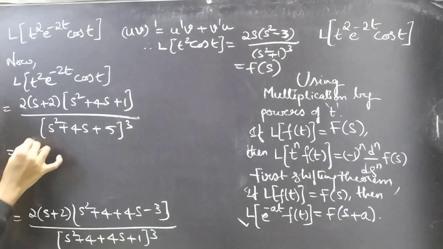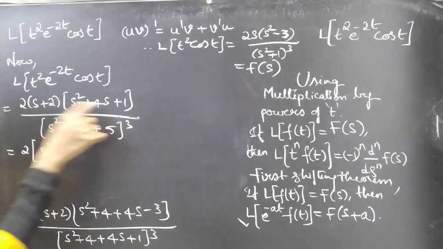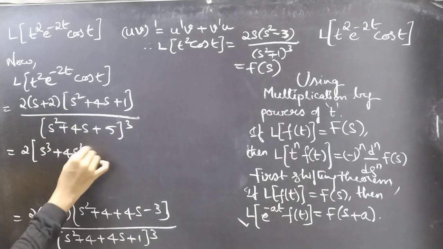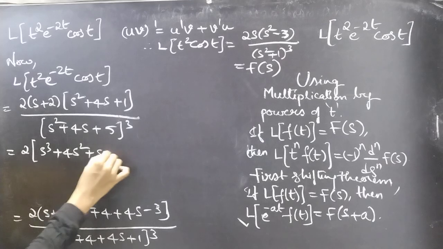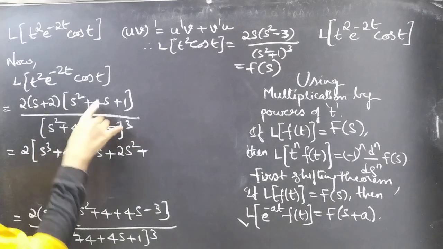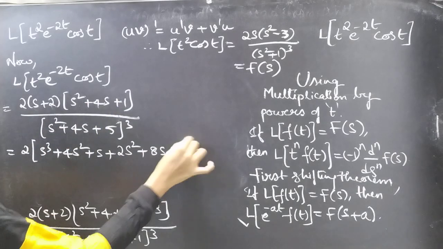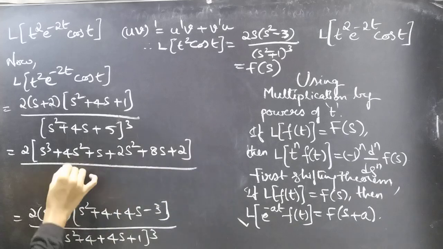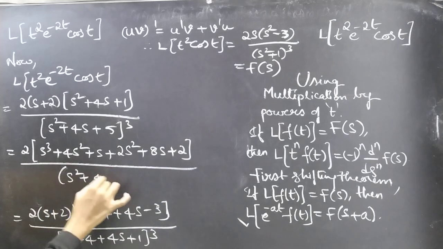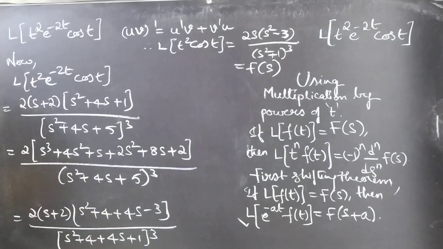Is equal to 2 times s into s square is s cube, plus s into 4 is 4s square, plus s into 1 is s, plus 2s square, plus 2 into 4s is 8s, plus 2 into 1 is 2, by s square plus 4s plus 5 whole cube.